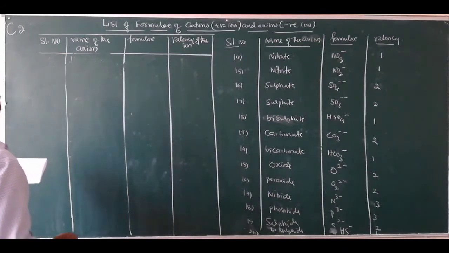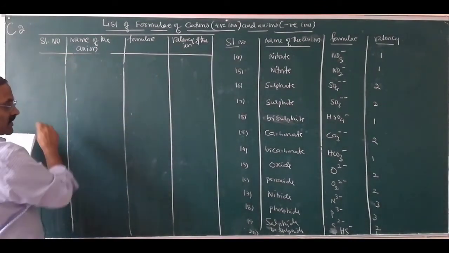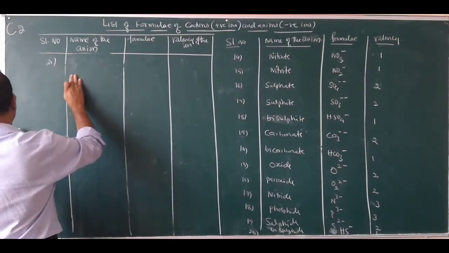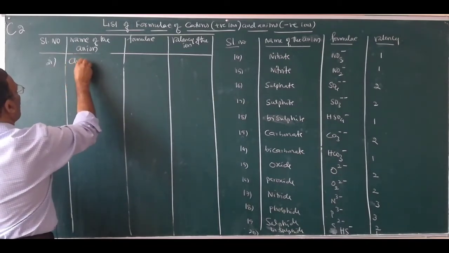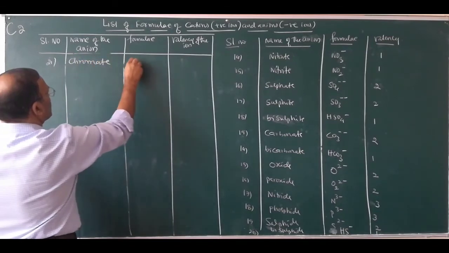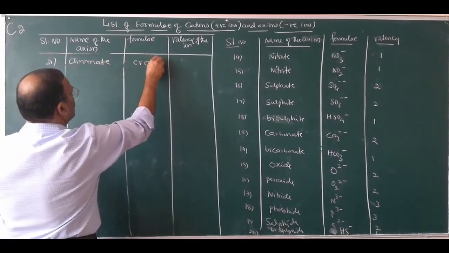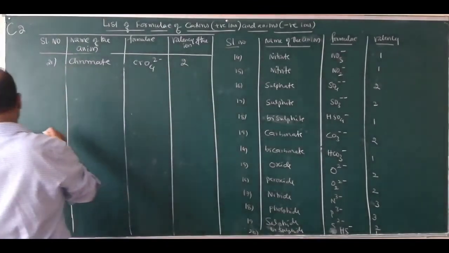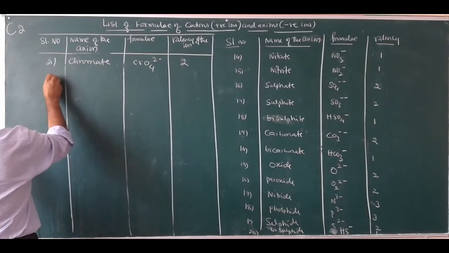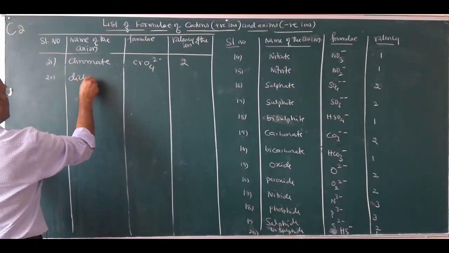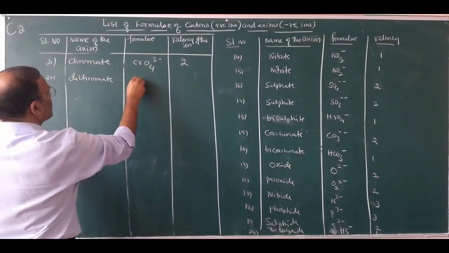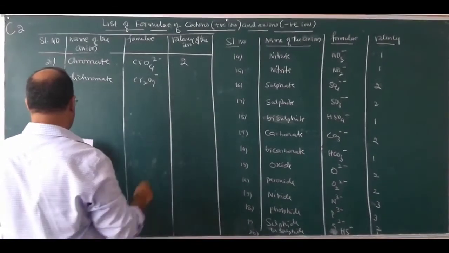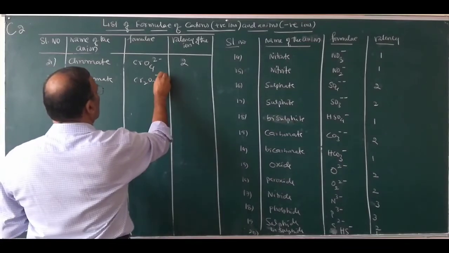Next, chromate, CrO4 2 minus, so valency is 2. Dichromate, Cr2O7 2 minus.